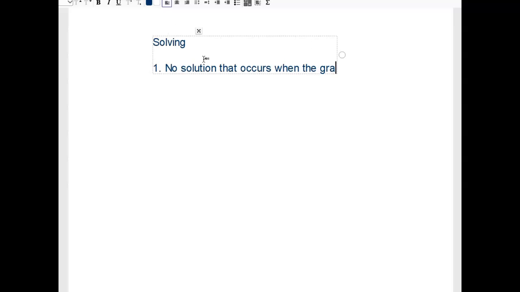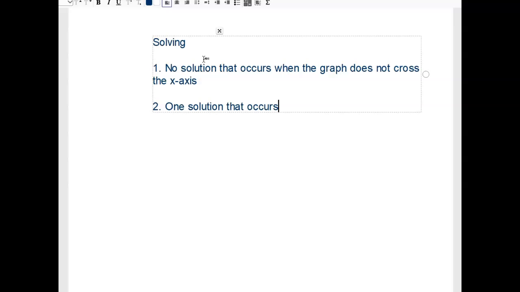So just to summarize, when solving a quadratic, you can have 3 cases. One is no solution, and that occurs when the graph does not cross the x-axis. You could have one solution, and that occurs when the vertex is on the x-axis.